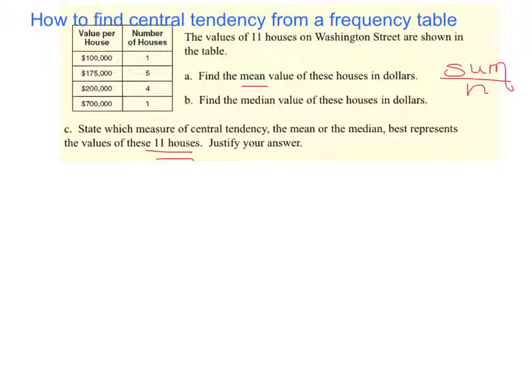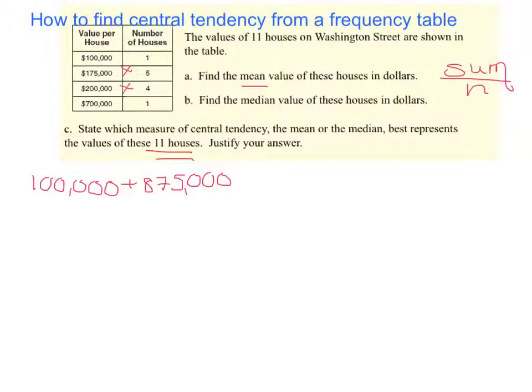We have to consider the frequency for each value. We have one house for $100,000, so we have $100,000 to add to our sum, and 5 houses for $175,000, so we can multiply 5 times 175,000 to get 875,000. We then have 4 houses for $200,000.